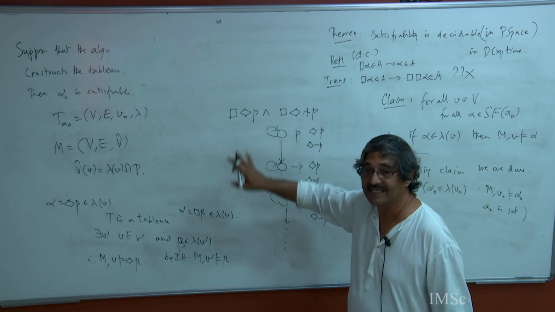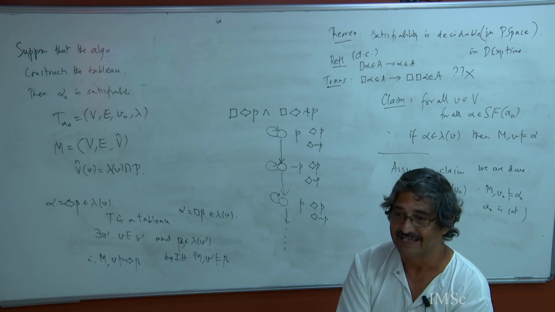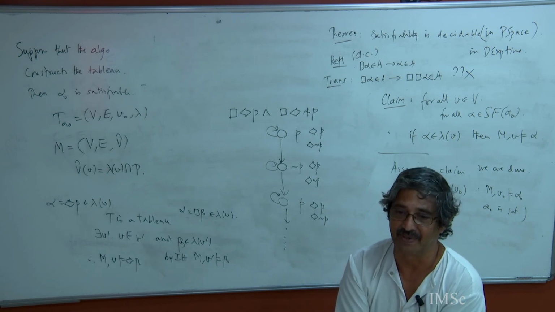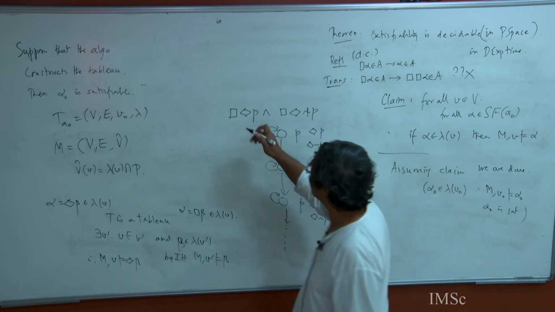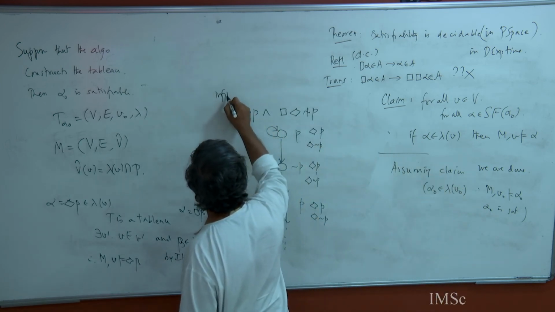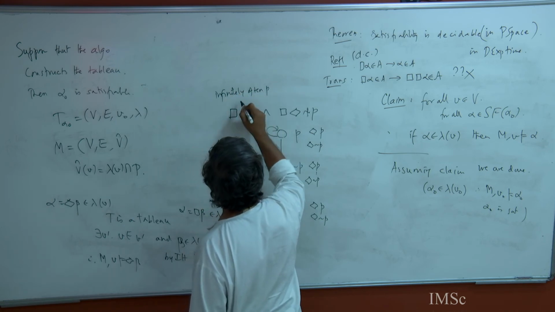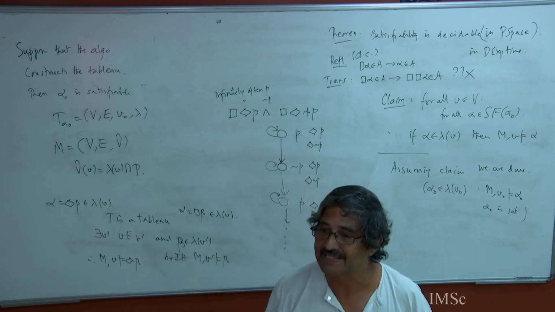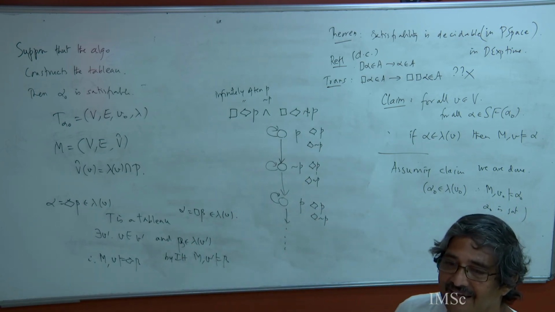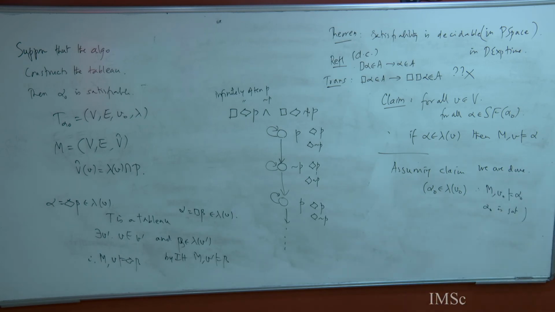Box diamond says in a transitive model, wherever I reach, I see a successor that satisfies P, and wherever I reach, so this you can see it as infinitely often P and infinitely often negation P. So it's not surprising that this damn thing is generating an infinite tree.